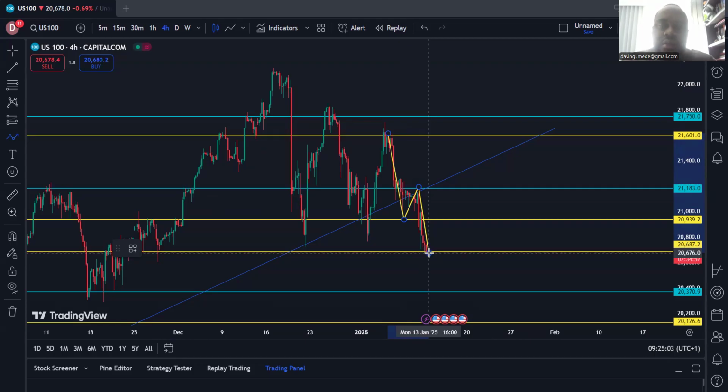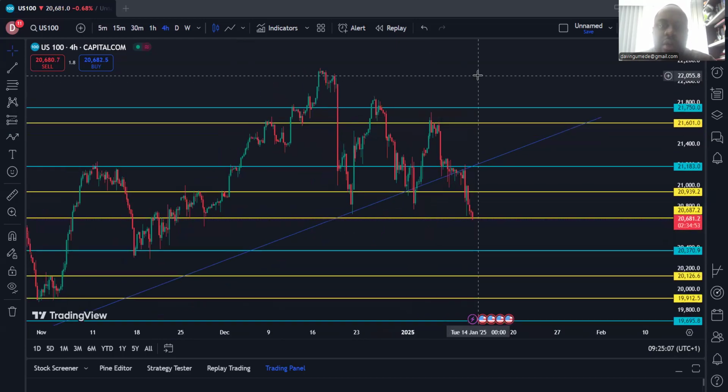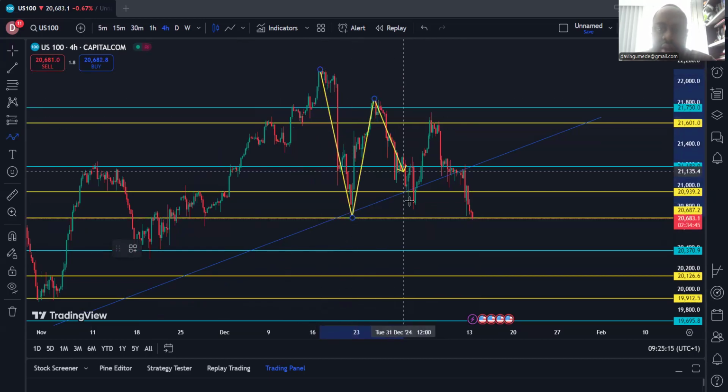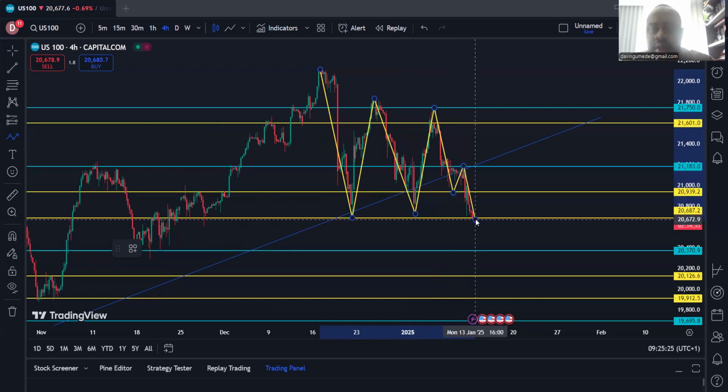But if we zoom out and map out the bigger picture, let's map out, starting from the point of high, and just jotting down these levels here. I'm just gonna do this to make it a lot easier.